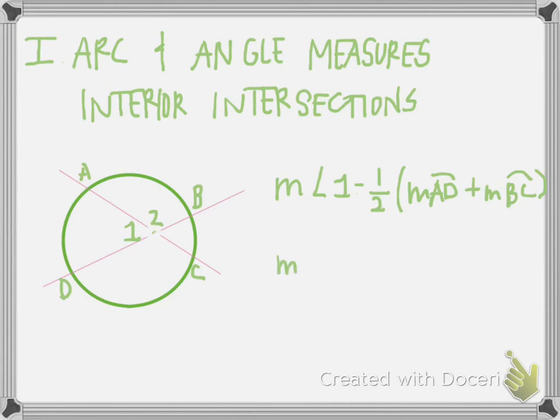The measure of angle 2, same thing, it'll be 1/2 the two arcs, so the measure of the arc AB plus the measure of the arc CD, or DC. Okay?